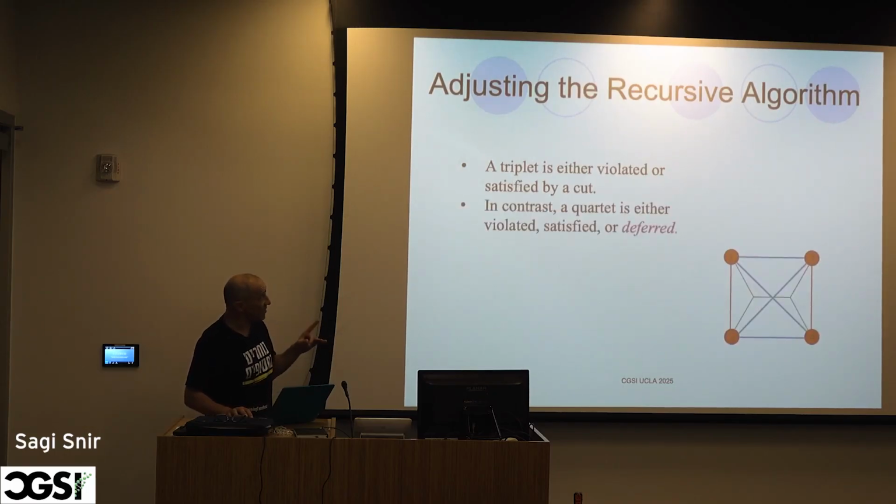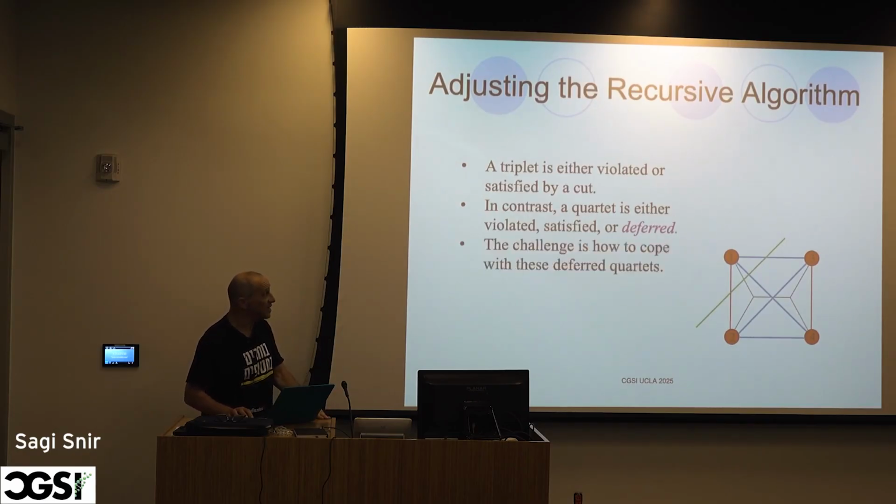Here, however, a quartet is either violated, like the two bad edges are cut, or satisfied, where no bad edge is cut, or deferred. This is deferred. We separate one taxon from the 3 others, and this is the problem.